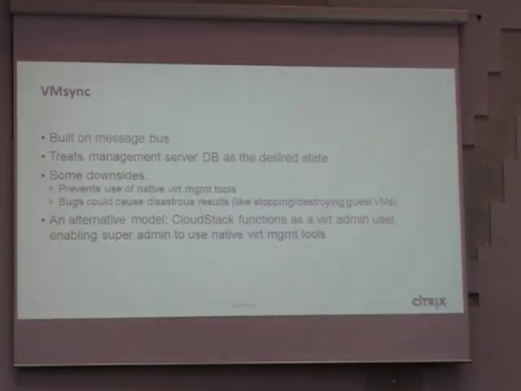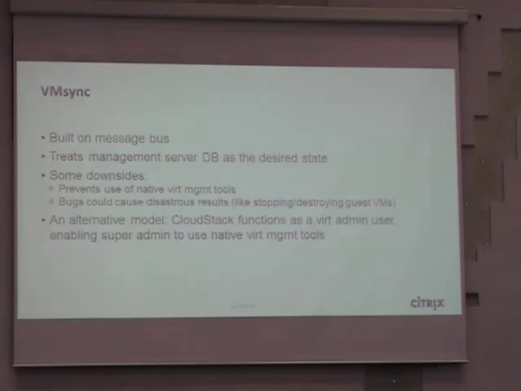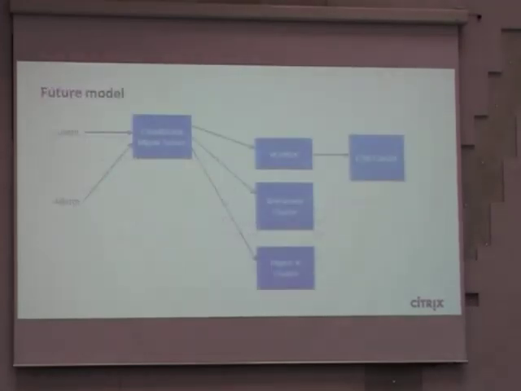So we're changing to a different model, where CloudStack no longer enforces desired state. It would issue commands, but then it would choose to synchronize with the real state of the resources. So it's really a different model, and that allows us to function in a different way.